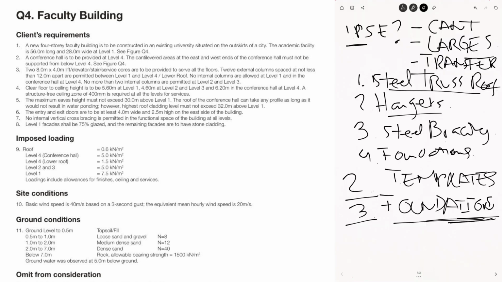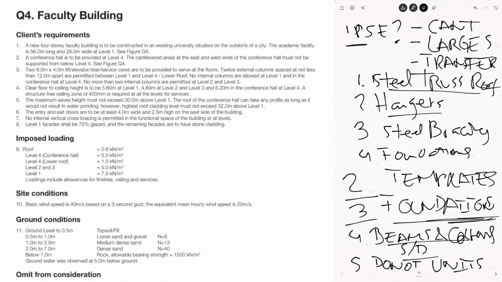Now, the fourth, even though you're not going to do the design for the regular beams and columns, you need to make sure you use a span to depth ratio. You at least size them, and say that because of time constraint, you're going to use a span to depth ratio, and this is a typical size for the columns and for the beams. And fifth, I suggest do not write intermediate units.